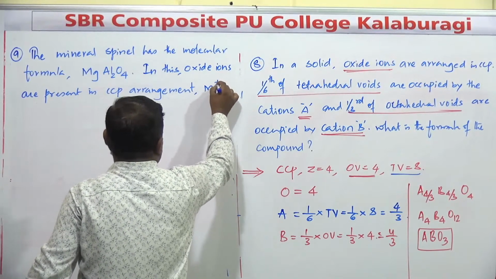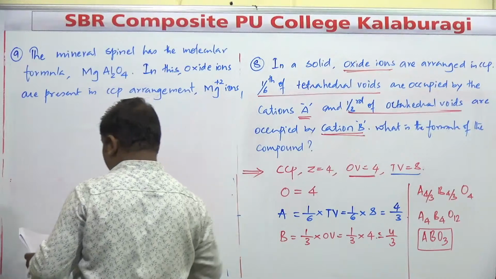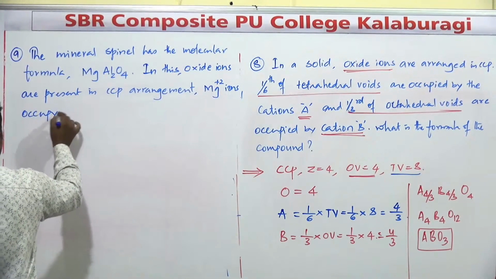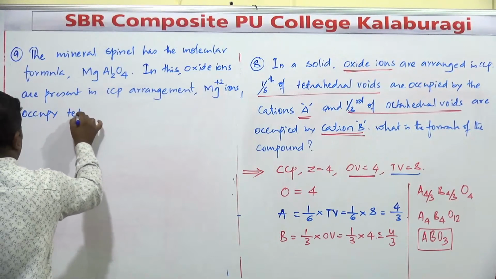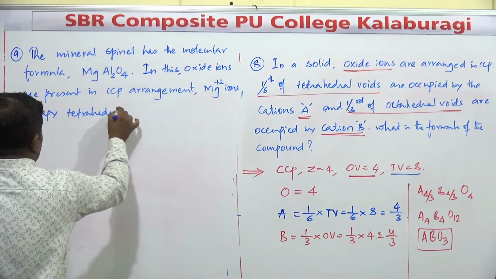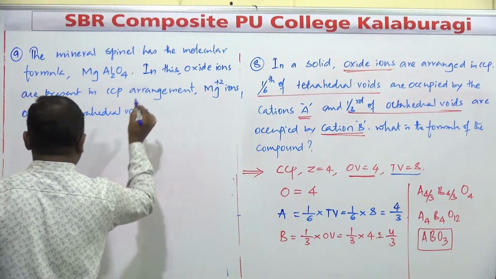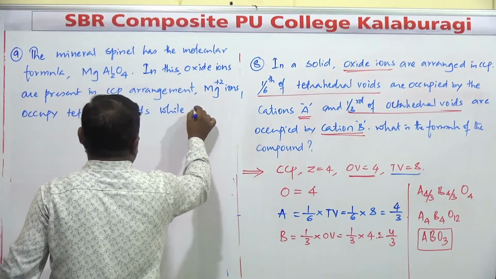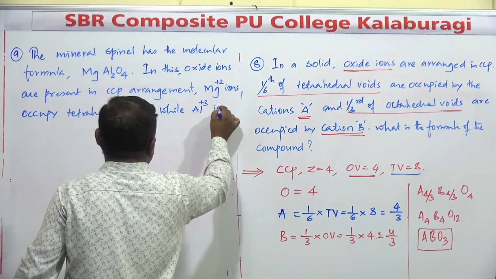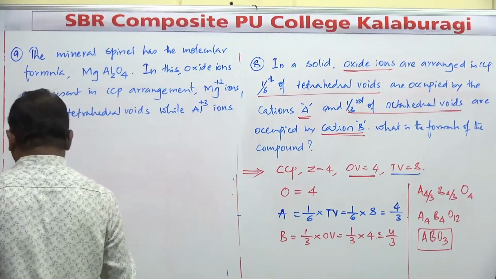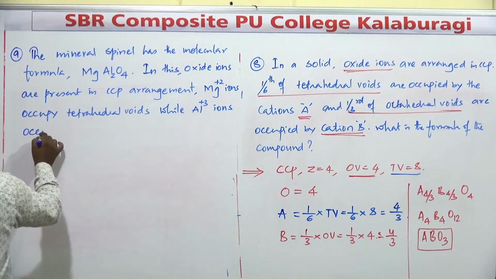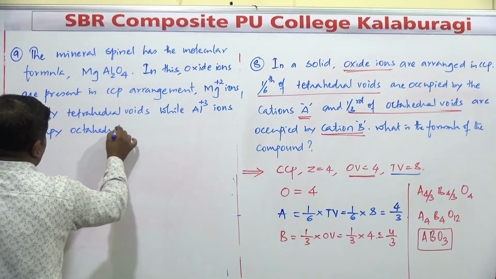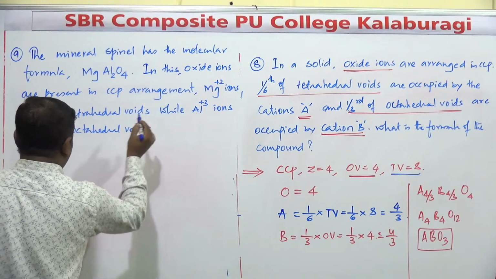Mg plus 2 ions occupy tetrahedral voids, while Al plus 3 ions occupy octahedral voids.